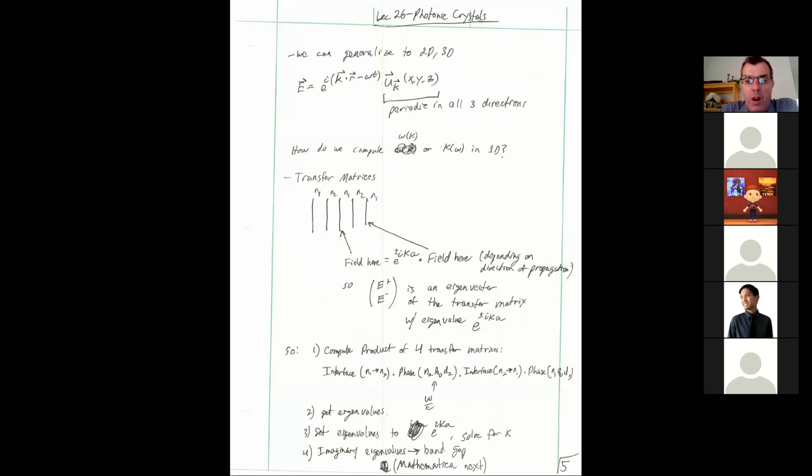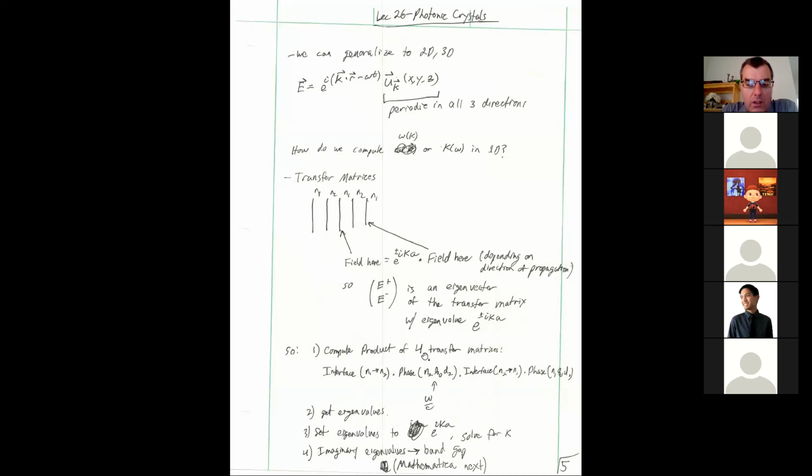Now, whenever you've got a problem in math where you multiply something by a matrix and get the same thing back multiplied by a constant, that's an eigenvalue problem. You've got an eigenvector, and that eigenvector, when acted on by the matrix, will return itself multiplied by an eigenvalue. And that eigenvalue should be e to the ika. So we multiply these 4 matrices, we get the eigenvalues, we set the eigenvalues equal to e to the ika, and we solve for k.